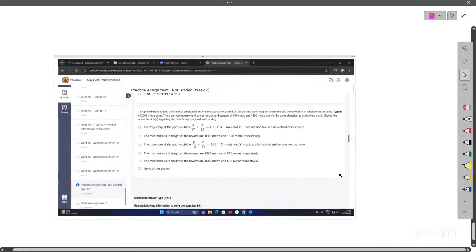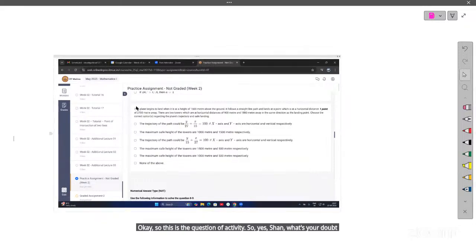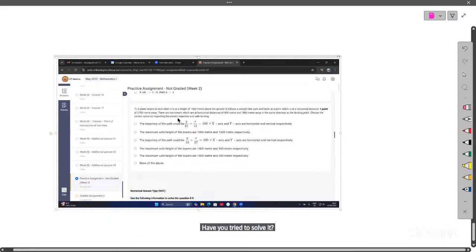Okay, so this is the question of the activity. So yes, Ishan, what's your doubt in this question? Have you tried to solve it? I do not understand this question.